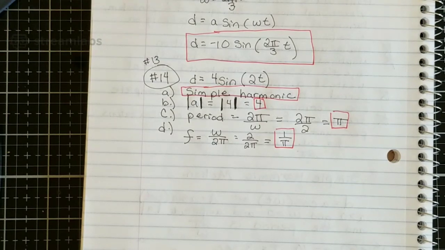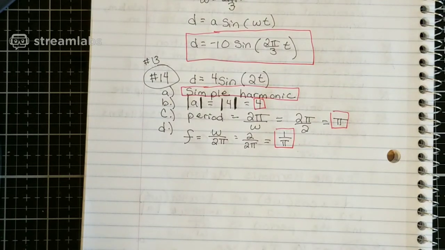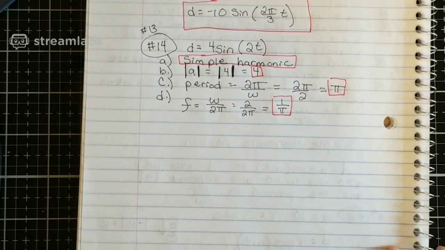Alright, the next one we have to do is number 21. So we will do 22. Alright, but before we do that, I think we're going to need a definition before we can get into number 22.